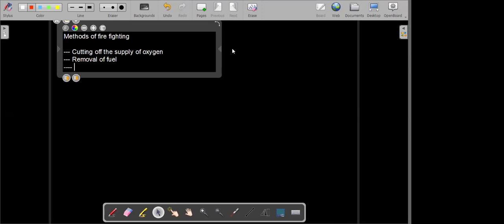We'll come to fire extinguisher. These are the main methods which we are adopting, whether you are using fire extinguisher, sand, water, or anything. What are the things we try out? We try to cut off the supply of oxygen. We try to remove the fuel, or we decrease the temperature of the fuel to below its ignition temperature.